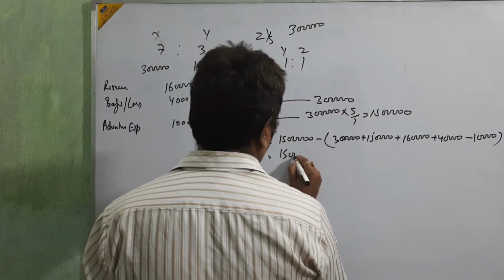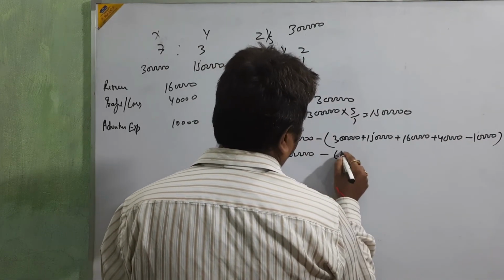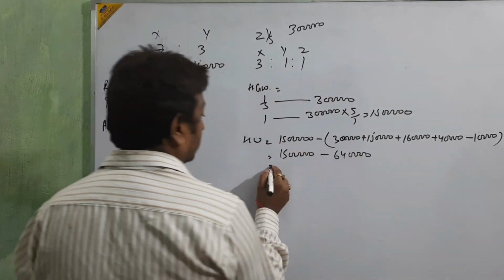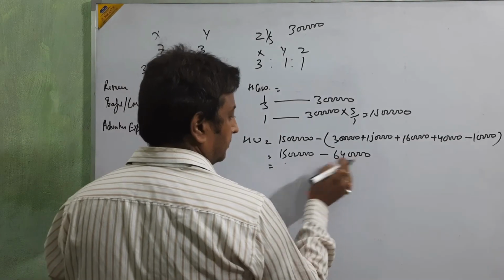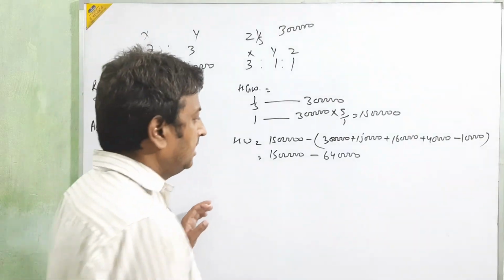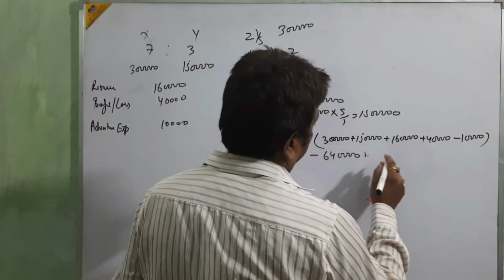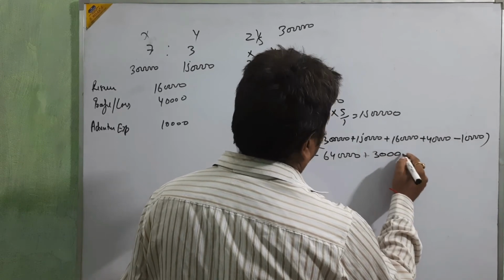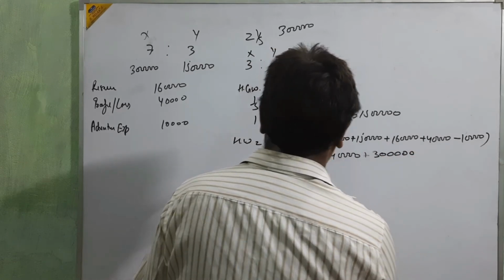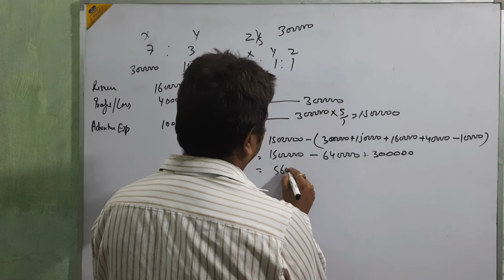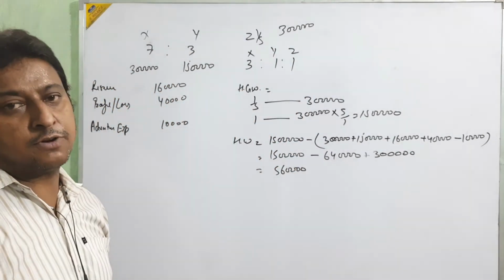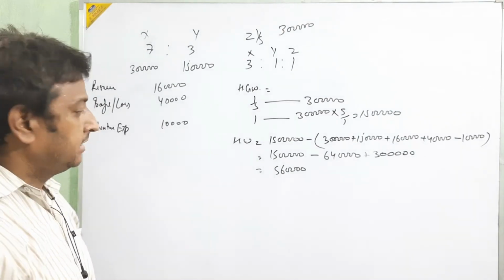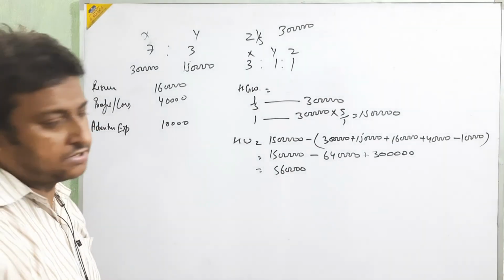It means 15 lakh less 6 lakh 40,000. Then the remaining amount, plus the new partner's capital of 3 lakh, gives 9,40,000, and less from 15 lakh that is 5,60,000 remaining.